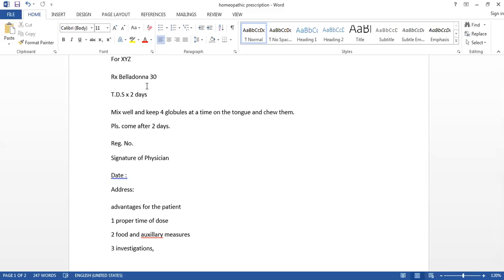And then नीचे आपको लिखना पड़ेगा MFT mist, यानी इसका मिक्सचर बनाना पड़ेगा. And then write down the BD for 4 days. So here you have to add the name of that vehicle. यहाँ पे जाएगा name of vehicle.